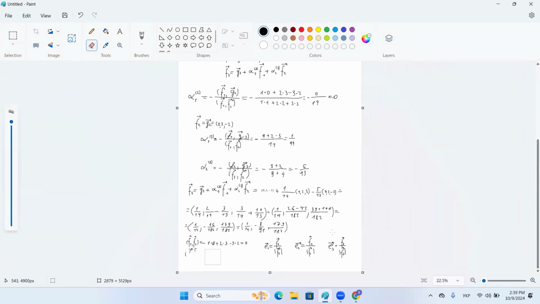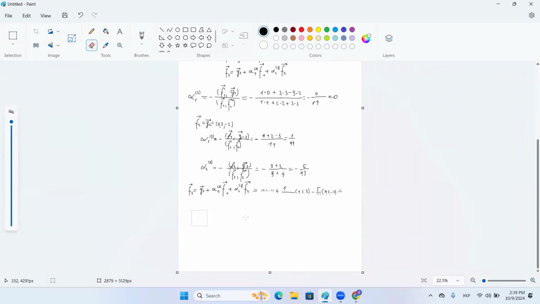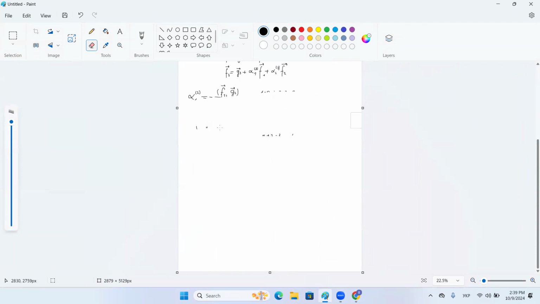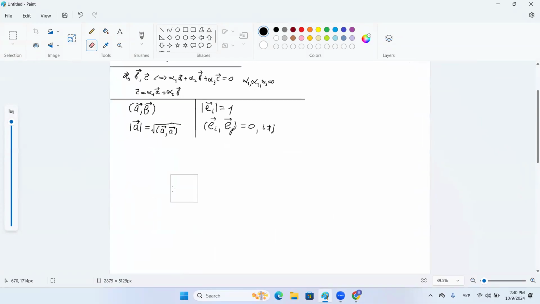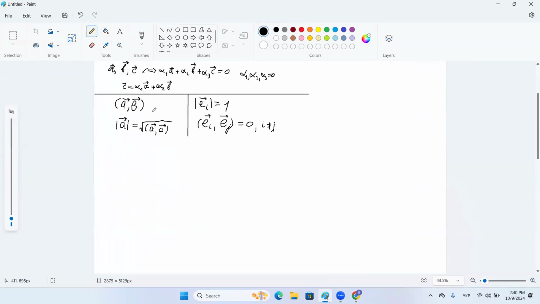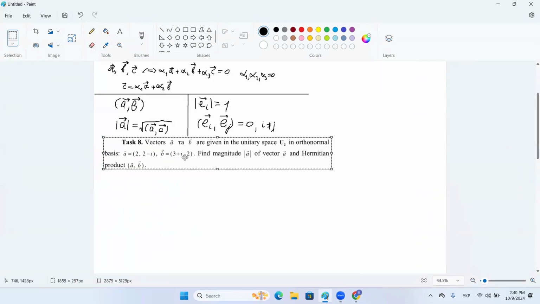Don't remember, right? Okay, I will remind you. It is a space of complex vectors. You already had lectures about complex numbers, as I know, and we also have complex vectors, so they can have imaginary parts.